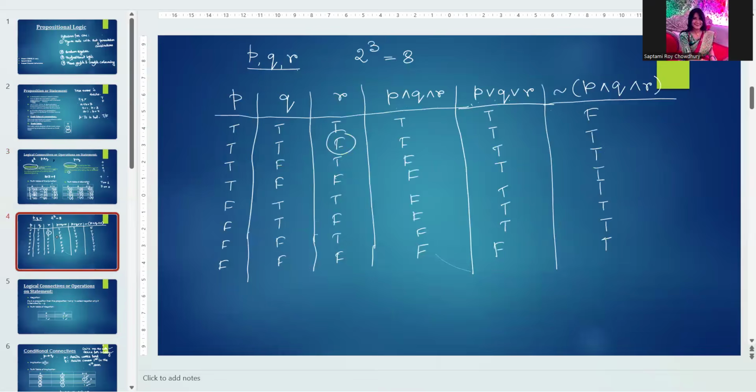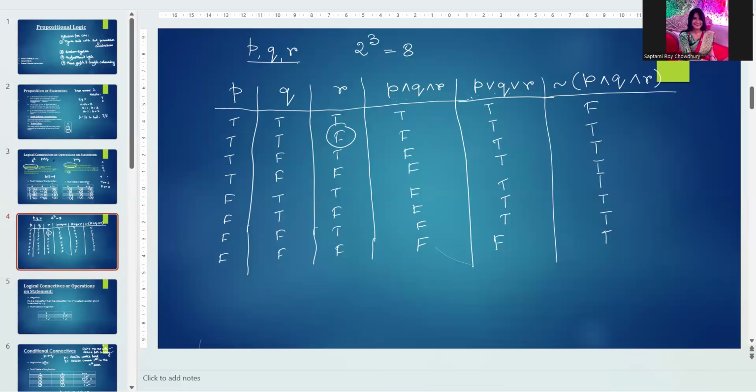Next, here we construct a table for 3 propositions, P, Q, R. There is a convention to write it down. In the first column we write 4 true, then 4 false. Next, Q: 2 true, then 2 false, and so on. R: true, false, true, false.